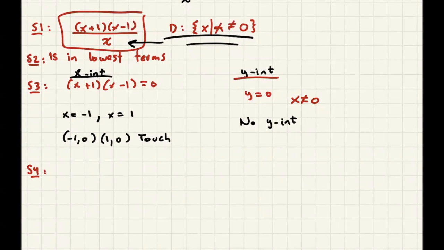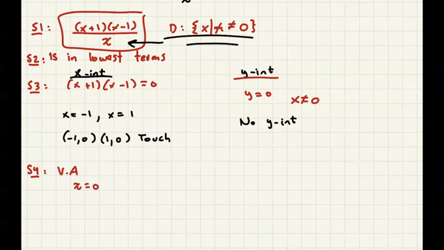Step 4 is to locate the vertical asymptotes. Do we have any? Yes, we do. Our vertical asymptote is when the denominator equals 0. So that is when x equals 0.